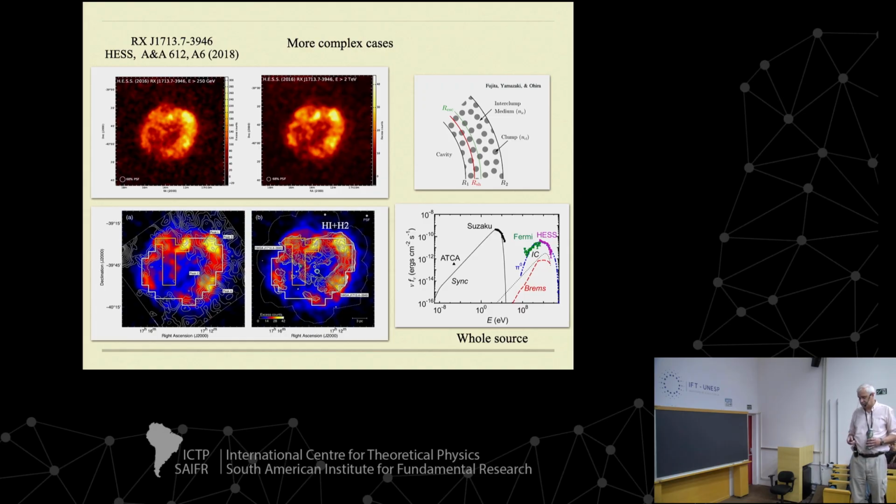This is also observed by Chandra at other wavelengths and by Suzaku at X-rays. So this is just an attempt to fit the entire source. And it's very difficult. You see that the synchrotron radiation, if you try to match the Suzaku data, then you are missing the radio data from the Australia Telescope Compact Array.